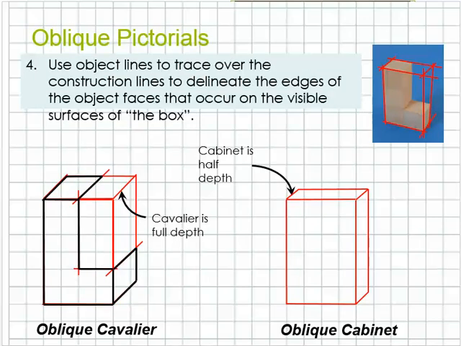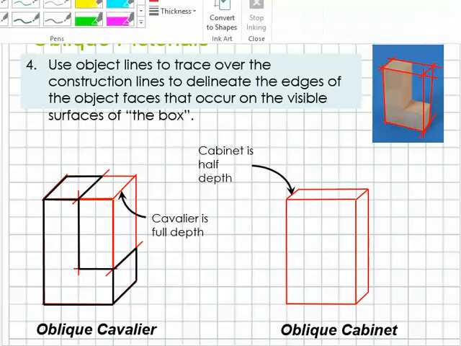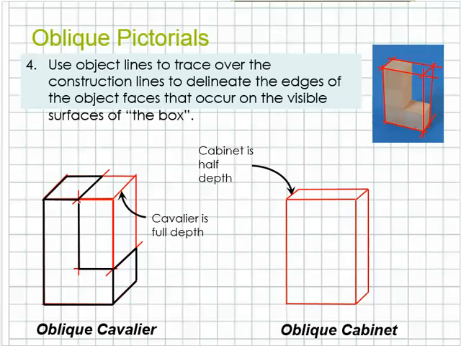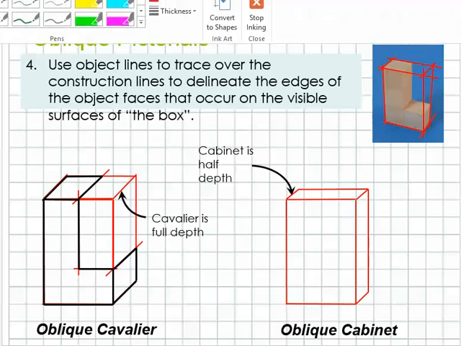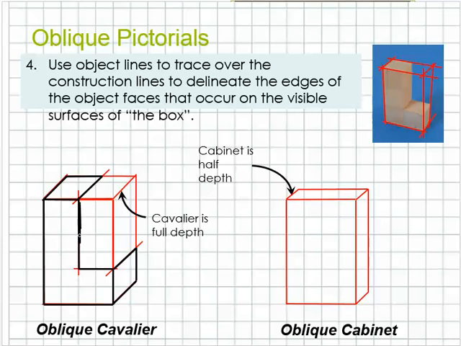Now, if you look at this here so far, it says use object lines to trace over the construction lines to delineate the edges of the object that occur on the visible surface of the box. So what that really means now is they've gone through here and they've used an object line, so we'll use black, but they're going to go through here and really darken in the object lines. And the reason we're doing this right now is so that you don't get confused what your object lines are.